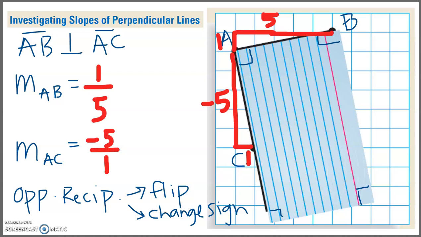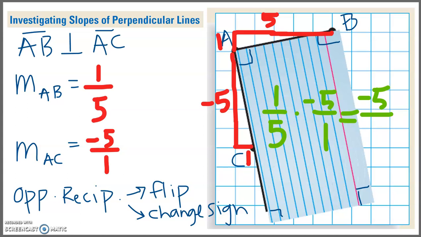The last thing I want to share, because this relationship will always hold: notice if I multiply 1/5 times -5 over 1, let's see what happens. When you multiply fractions, you do numerator times numerator, top times top. So 1 times -5 is going to be -5.